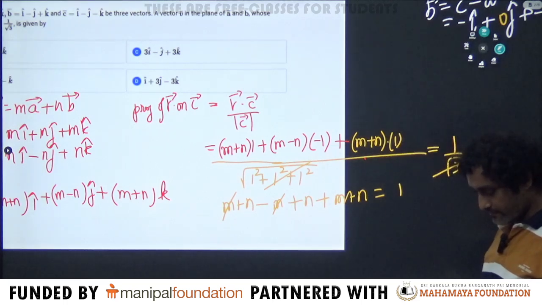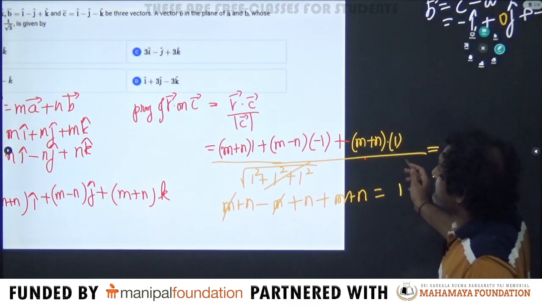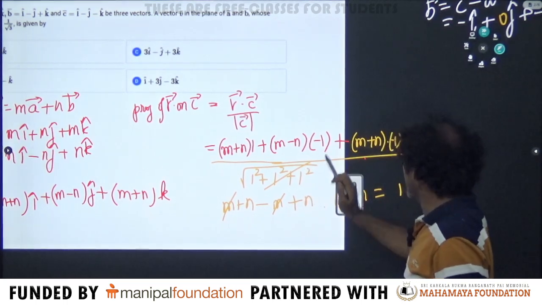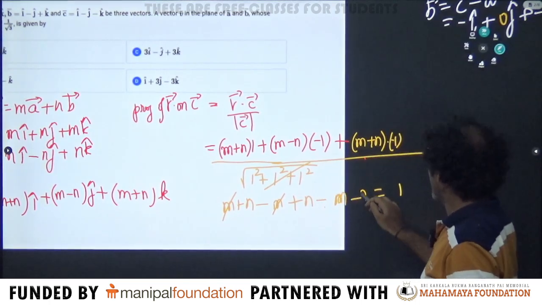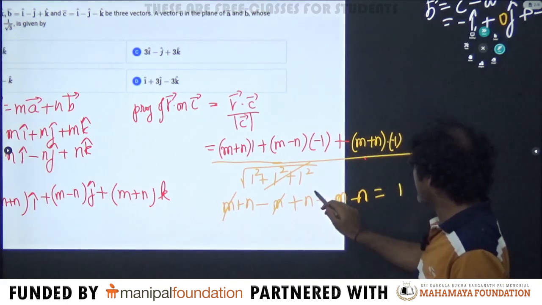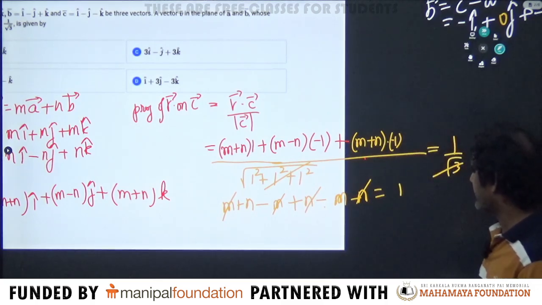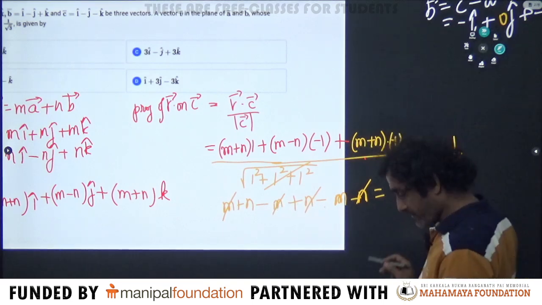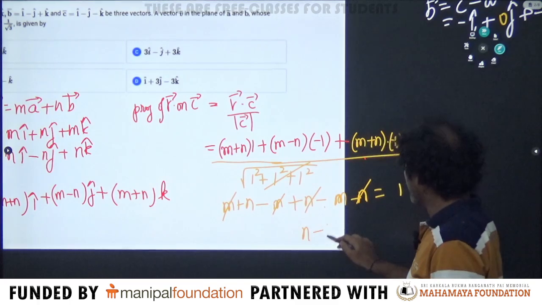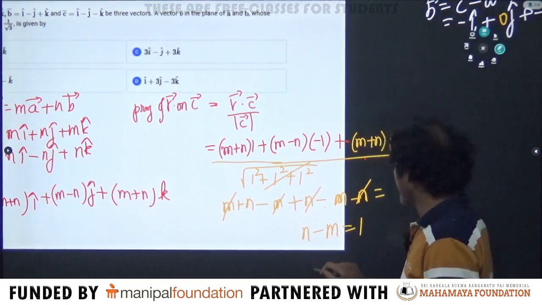Check, okay. This one is, yes, this is minus 1, right? So minus m, minus n. Please redo. One of the m will go, right? So I will be left with n minus m is 1, correct? N minus m is 1. So n is m plus 1.